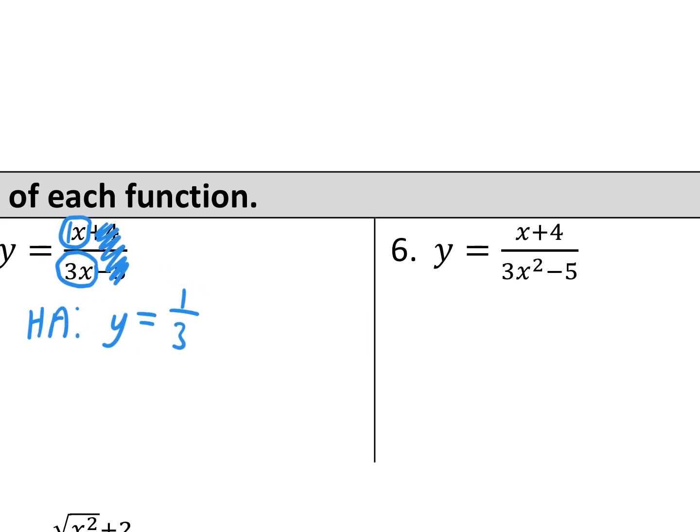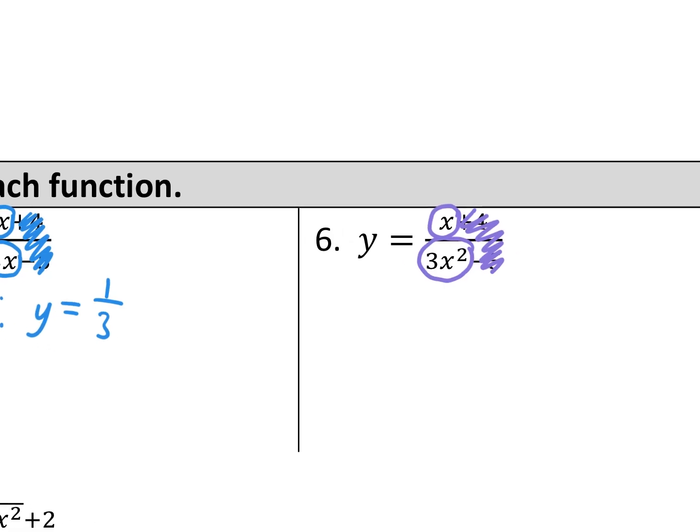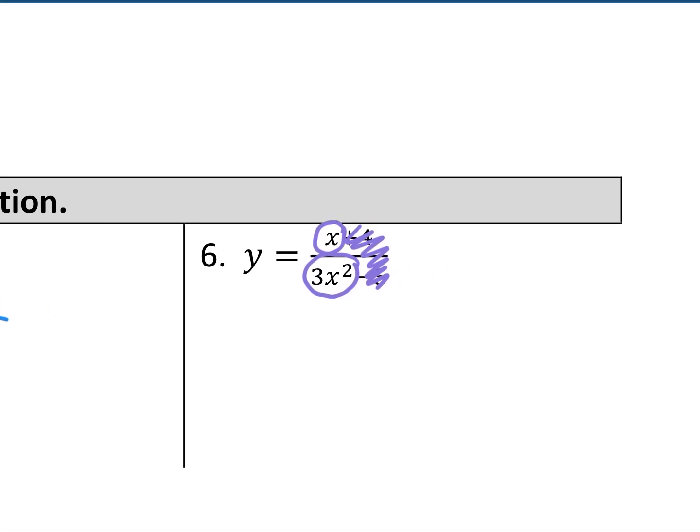When you look at number 6, what's the highest exponent on top? 1, so I'm going to circle that one. What's the highest exponent on the bottom? 2. Good, so I'm going to circle that one. Again, you don't need anything else because we're only comparing how fast they're growing. What grows faster, the top or the bottom? The bottom.